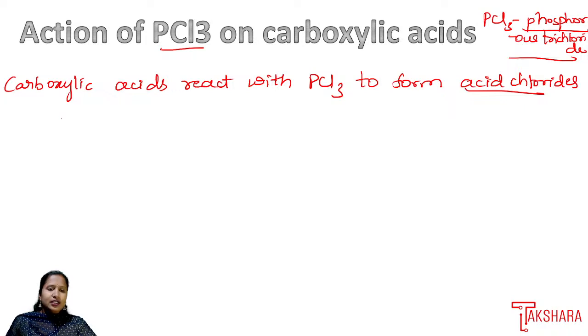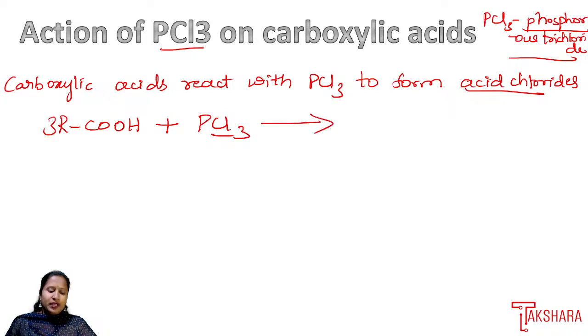Now consider RCOOH as the carboxylic acid, and it is going to be treated with PCl3. Here 3 moles of chlorine atoms are there, so let us consider 3 moles of carboxylic acids. Here the 3 moles of Cl are going to replace the OH.